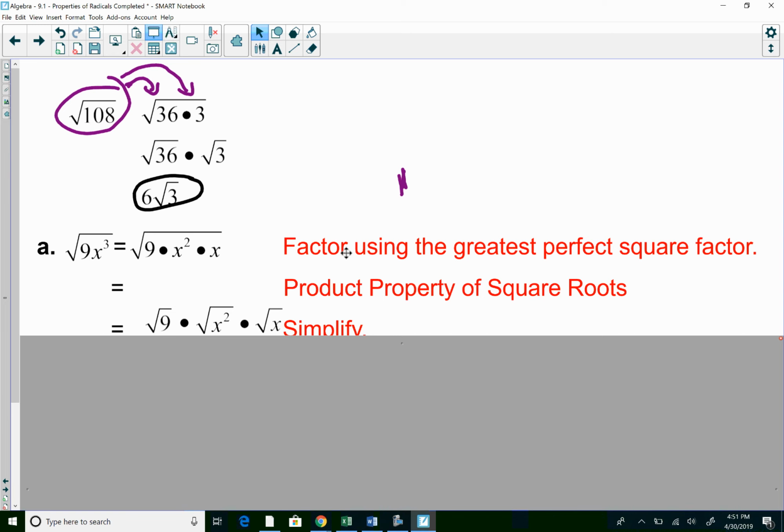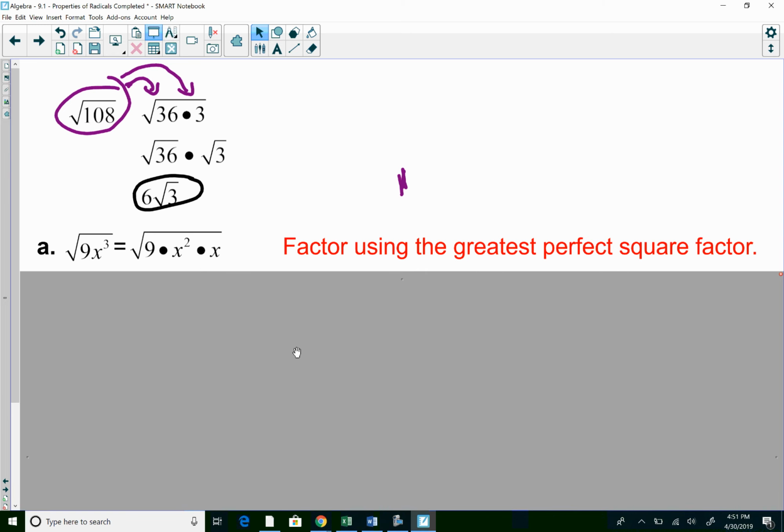Okay, so the next example we're looking at here is this square root of 9x cubed. Now we're all very well aware, we just wrote down all of those perfect squares on the other slide, right off to the left for you guys. We know that 9 is a perfect square, so we can break this out into a couple of different things.